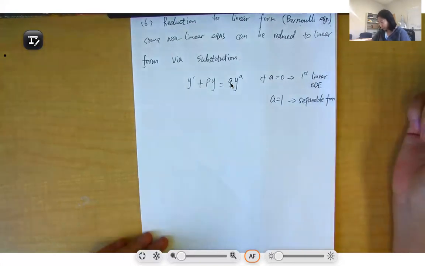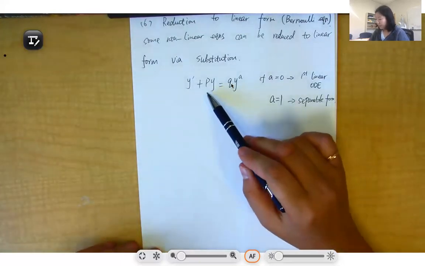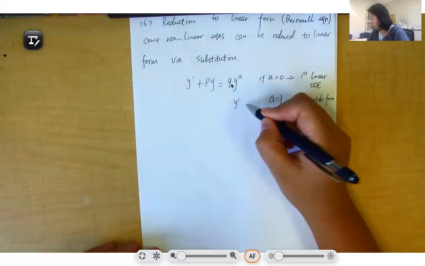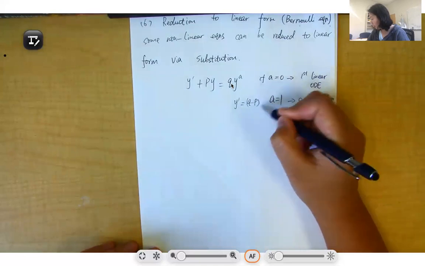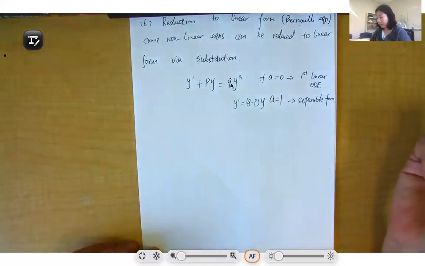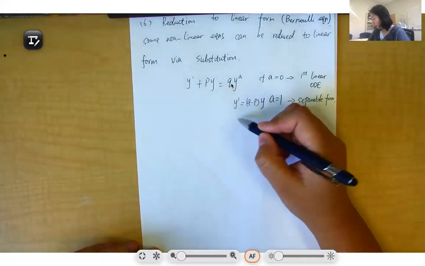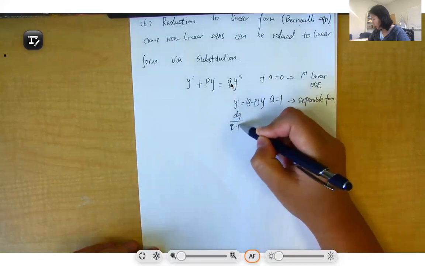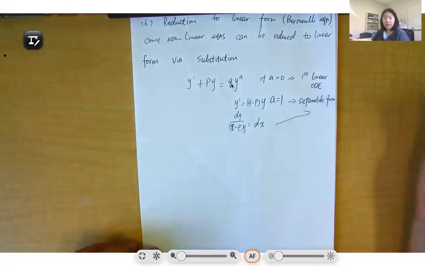The equation becomes y prime equals q minus p y, right? If a equals 1, then you can write dy over (q minus p y) equals dx. So this is a separable form, right?